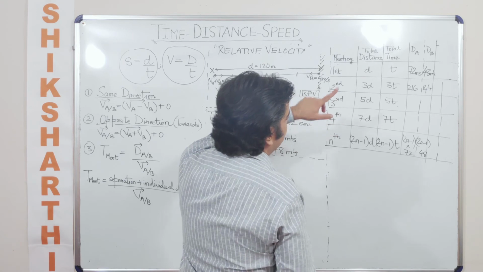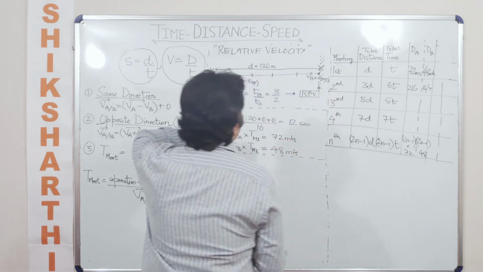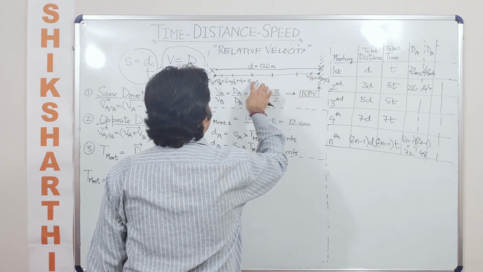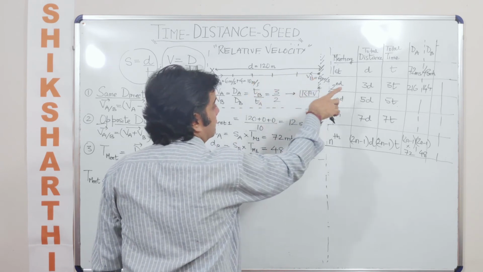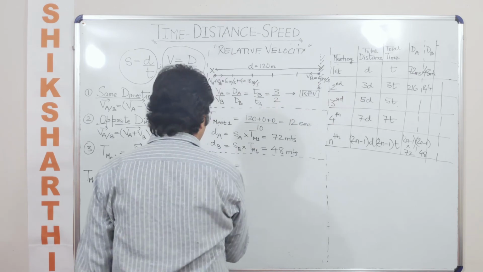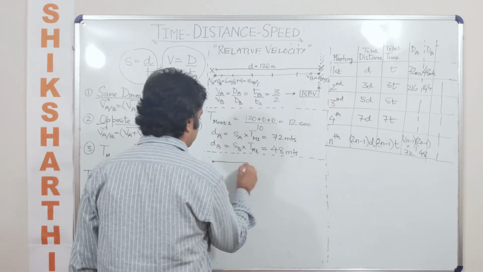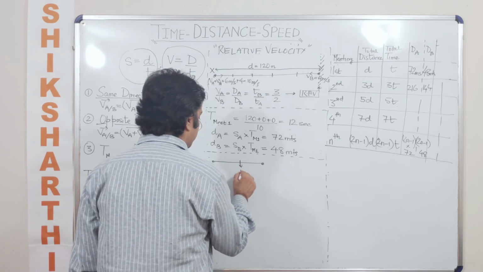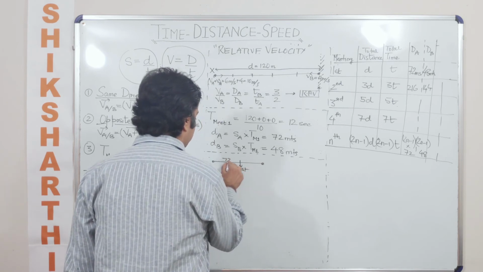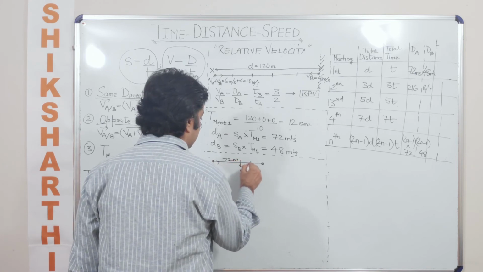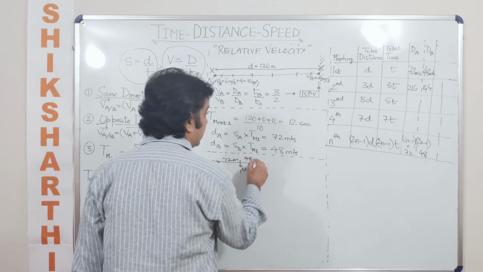Now the first time when they have met, let's say this was their first meeting point. This part was 72 from A's side, and from B's side it was 48 meters.